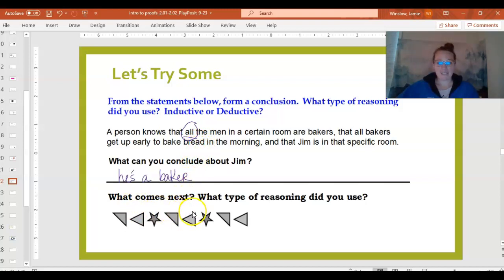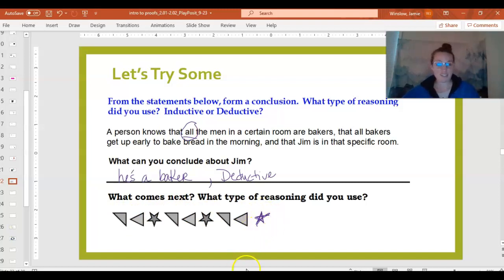What comes next? What type of reasoning did you use? Oh, so this is deductive, right? Because we were given that big general rule about all the people in a room. Here, let's see if we can see what comes next. So triangle, triangle, star, triangle, triangle, star, triangle, triangle, star.